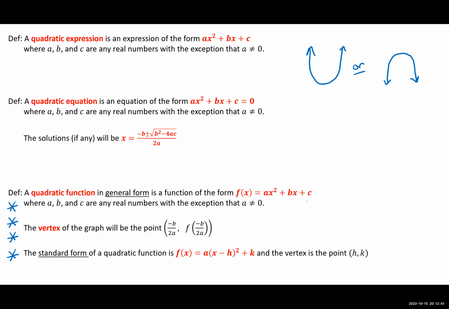Ax squared plus bx plus c, or a times x minus h squared plus k. If a is a positive number greater than 0, the parabola is going to be pointed up. If a is a negative number less than 0, it's going to be pointed down, and a can't equal 0. So it's either greater than or less than.